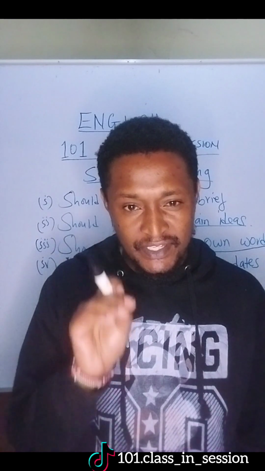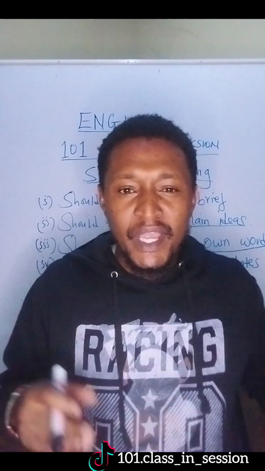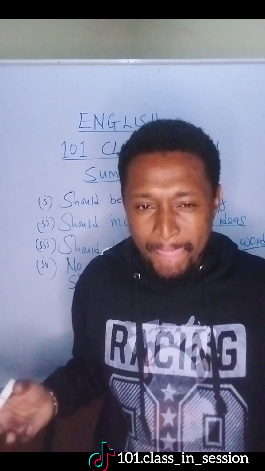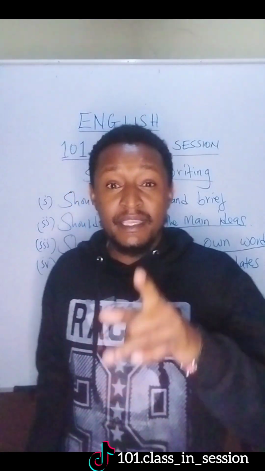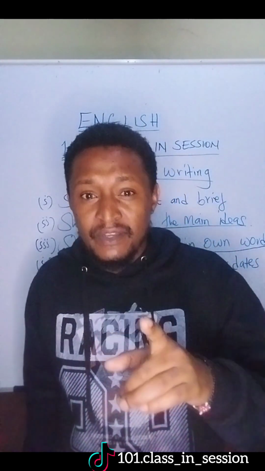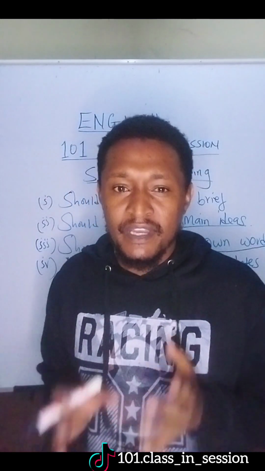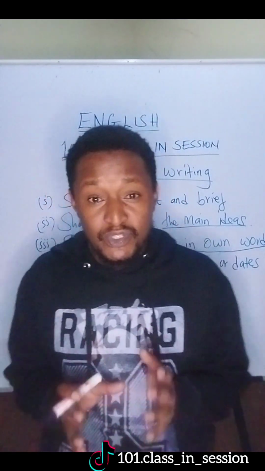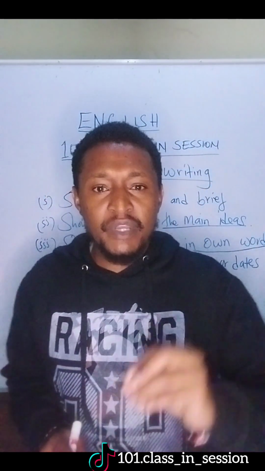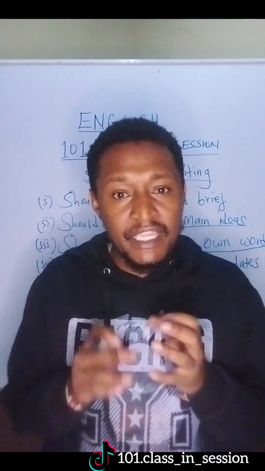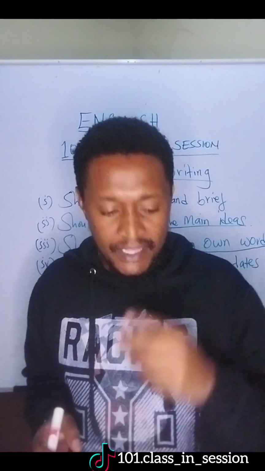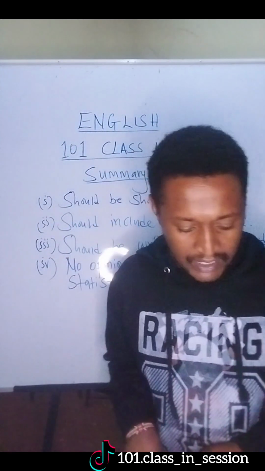Read the text carefully. Why are we reading the text carefully? Remember, the final summary is only supposed to have the main ideas. So you're supposed to read carefully so that you can understand and get the key points or the main ideas that the writer is talking about.